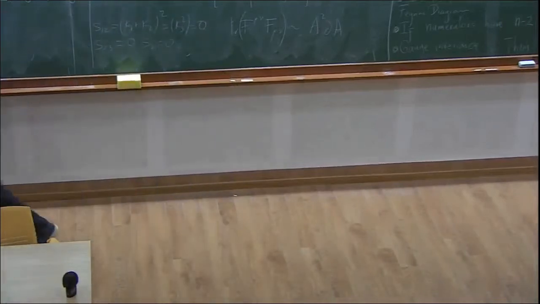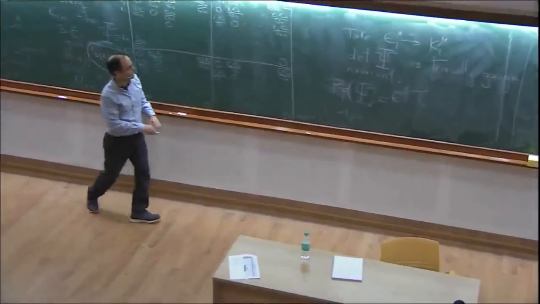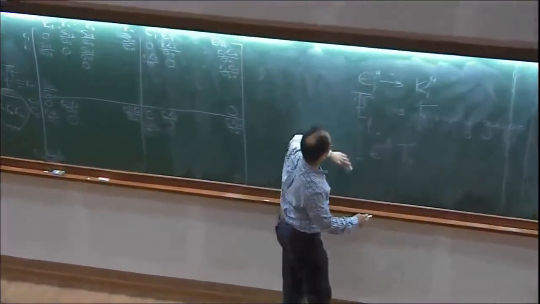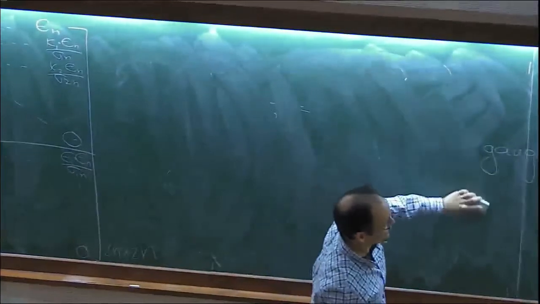So how do we do that? Somehow, this matrix has too many momenta in it. Exactly. So this object is what Arkani-Hamed and friends call trivially gauge invariant.